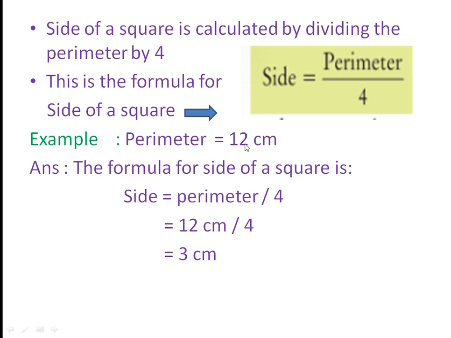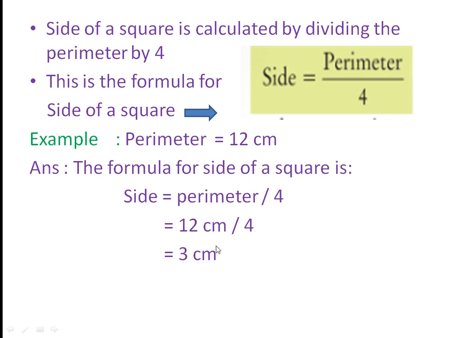The perimeter is equal to 12 centimeters. Now calculate the side of the square. First write down the formula: side is equal to perimeter divided by 4. The perimeter value is 12 centimeters. Write down here, 12 centimeters divided by 4.